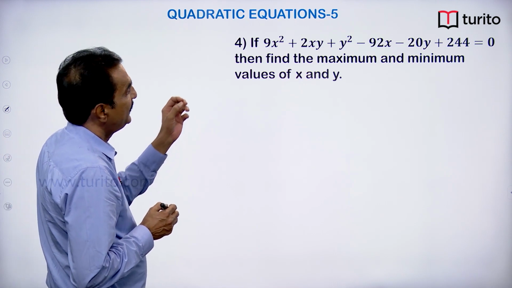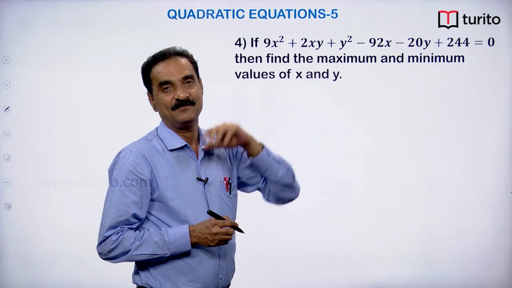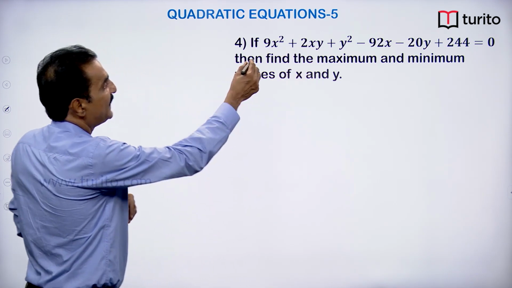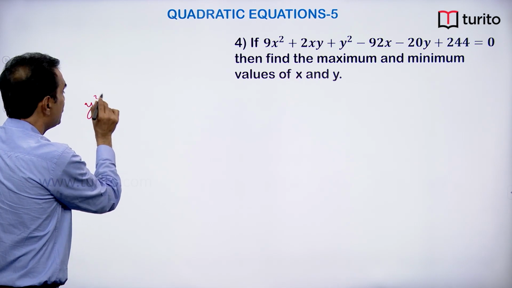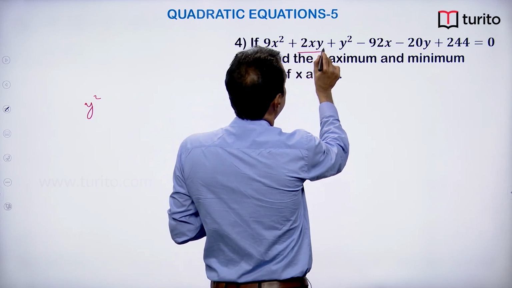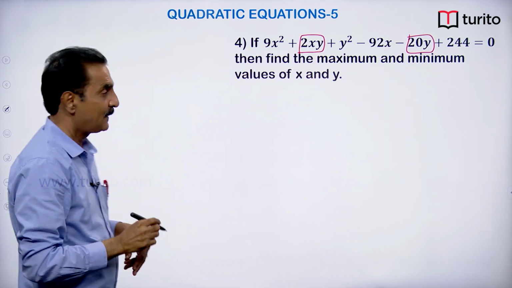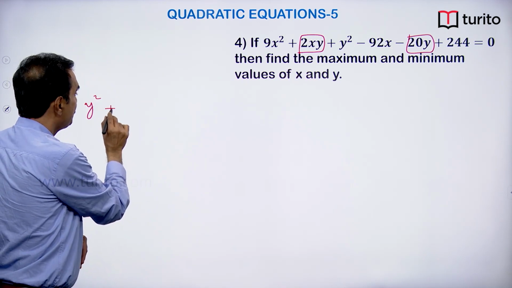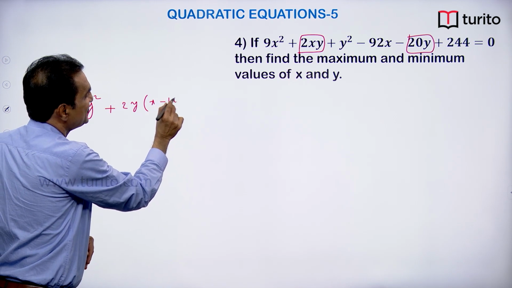Now, we can write this as a quadratic equation in y. Write y square term first. Only one y square term is there. Next, from this and this, you can take 2y common and write it as 2y into x minus 10.